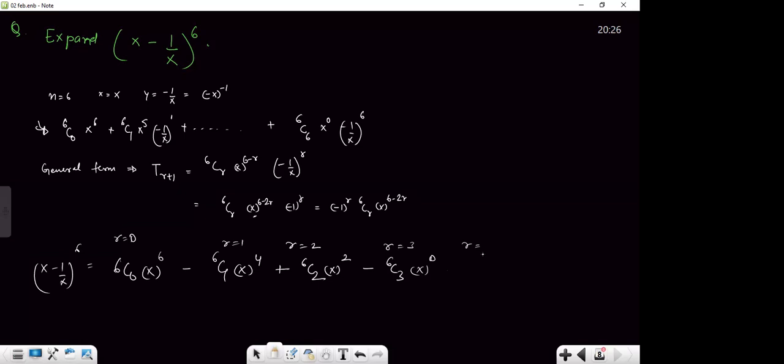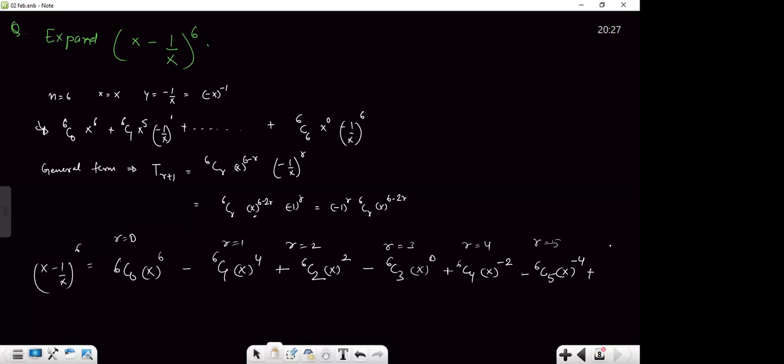r equals 4, and so the sign will be positive: 6C4 x raised to power 6 minus 8, that is minus 2 this time. r equals 5, odd term, negative sign: 6C5 x raised to power 6 minus 10, that becomes minus 4.